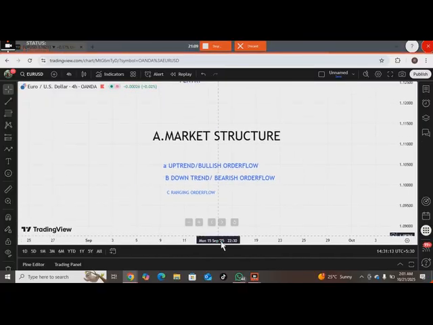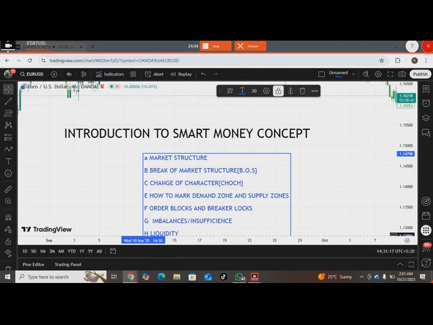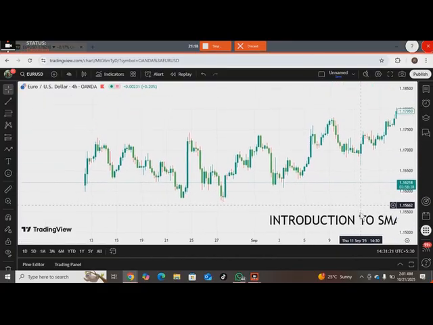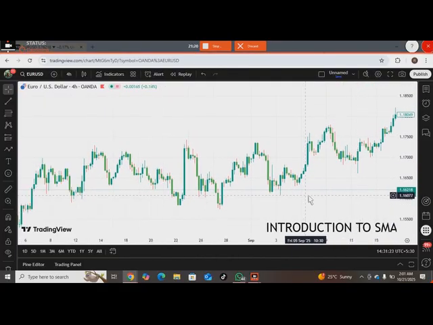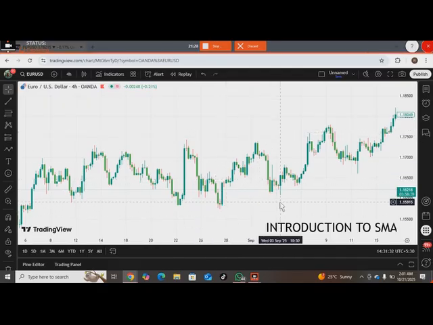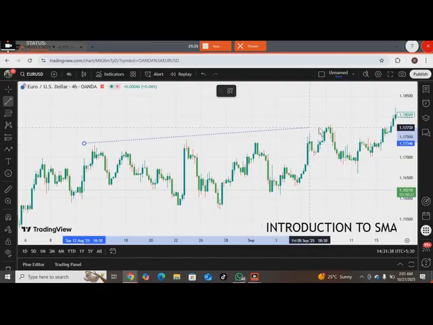Now let us see in a chart where we find our ranging. Yes, this area you can see. In this area, the market was creating highs and creating lows, creating highs, creating lows, creating highs, creating lows. So this kind of market structure was ranging in this zone.